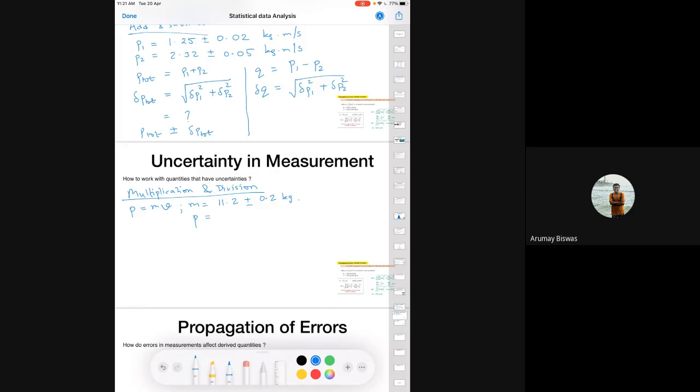And my velocity is 5.53 plus minus 0.01 meter per second. Sorry, I said momentum, but this should be velocity. So what is the uncertainty in my momentum then?